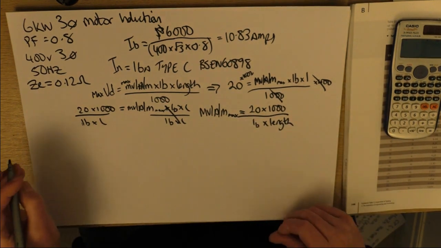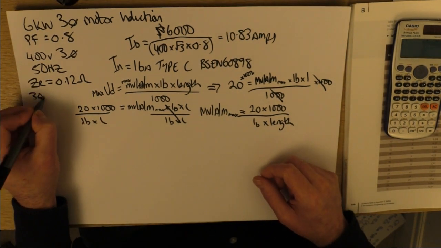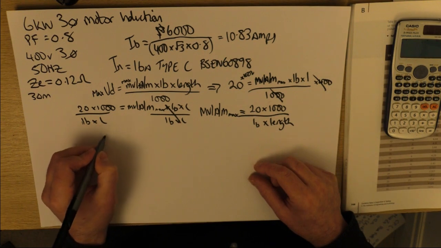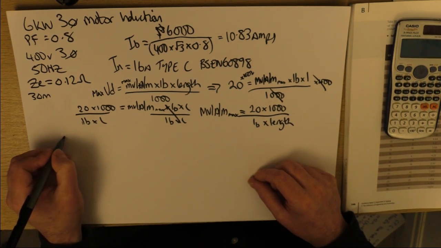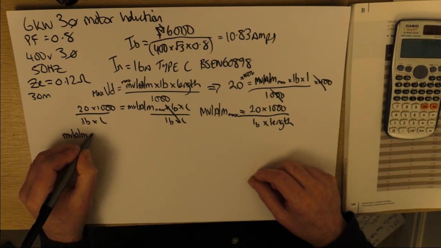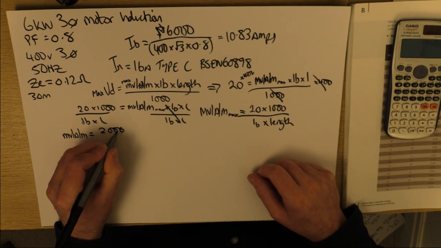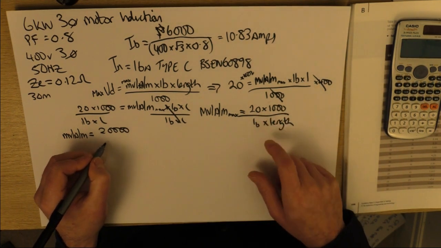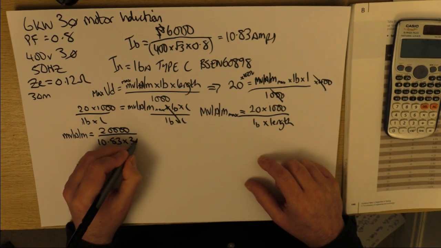Okay, so we've got that, and we've got that. It was 30 meters, wasn't it? So, millivolt per amp per meter equal to 20 times 1000 divided by 10.83 times 30.